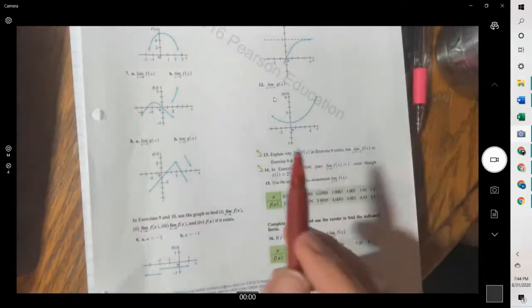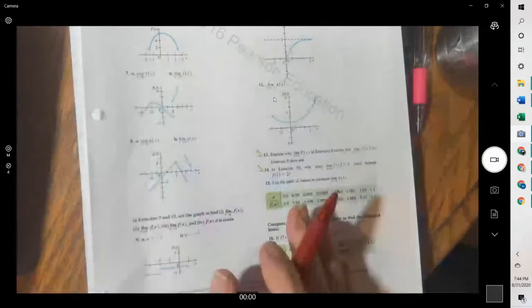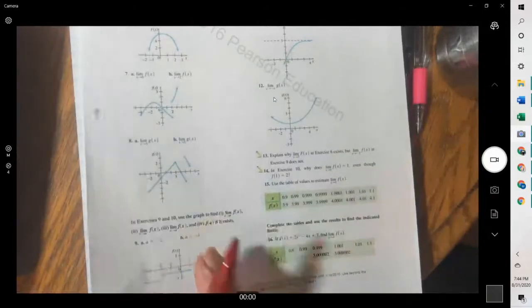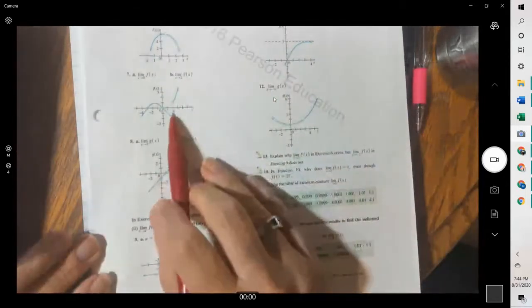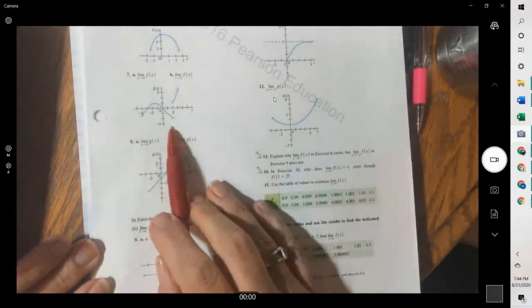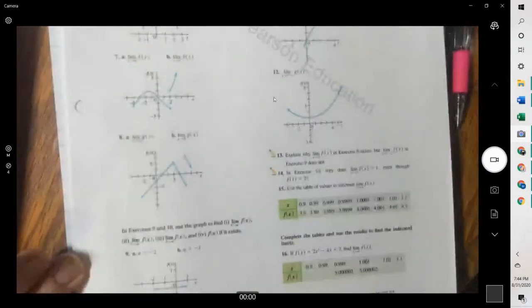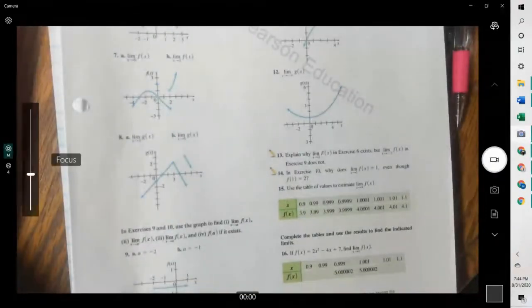Okay, looking at some graphs. Let's look at number 7, I think. Yeah, 7 and 8. So in number 7, okay. Okay.